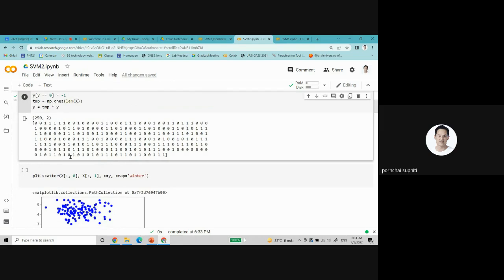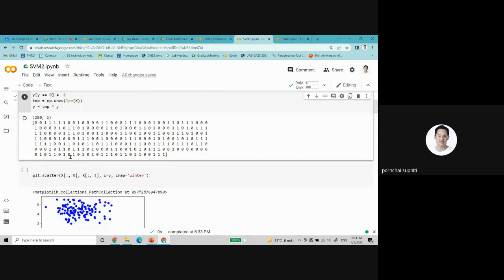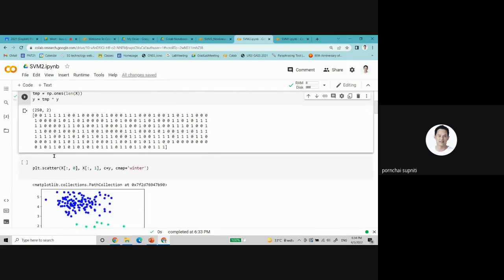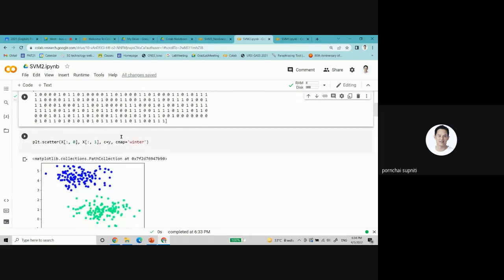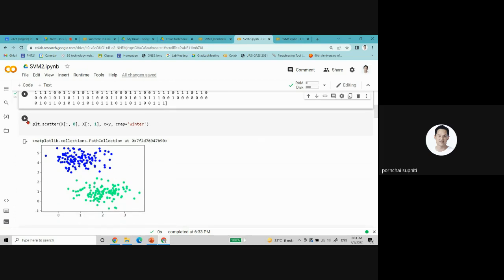And also the data that we generate for X, there are two columns. Okay. Column 0 and column 1. So I use a scatter plot. And for this color, you can change it to a colormap, or you can input your own colors. That's fine as well.